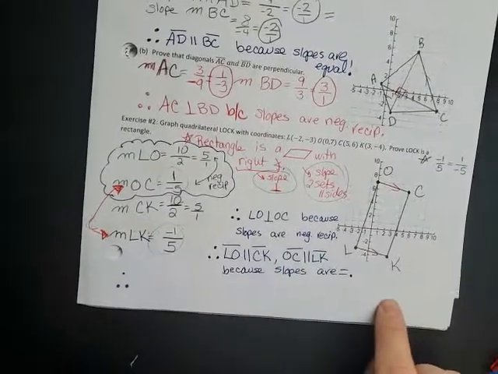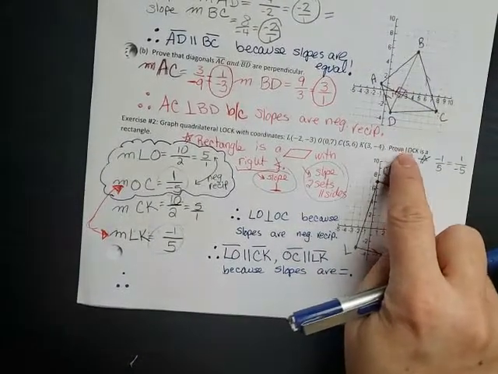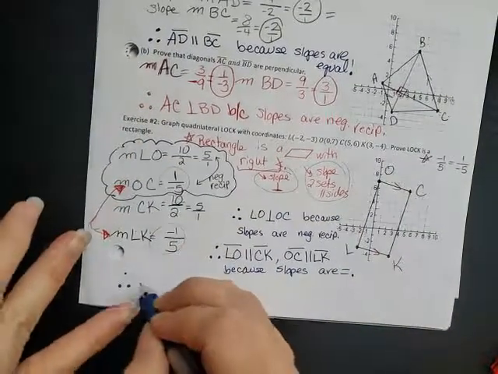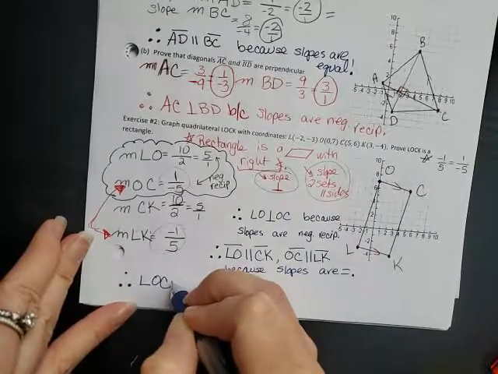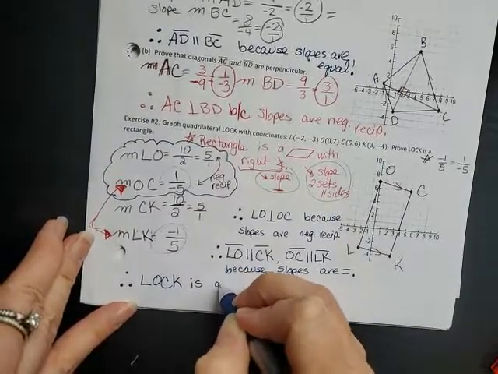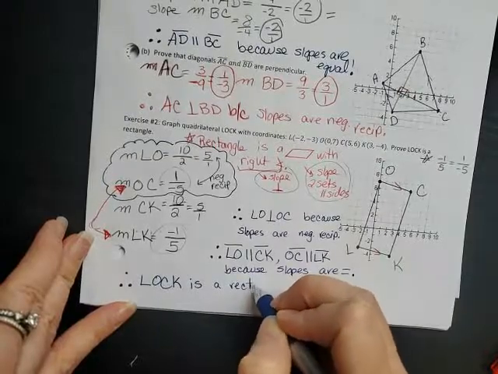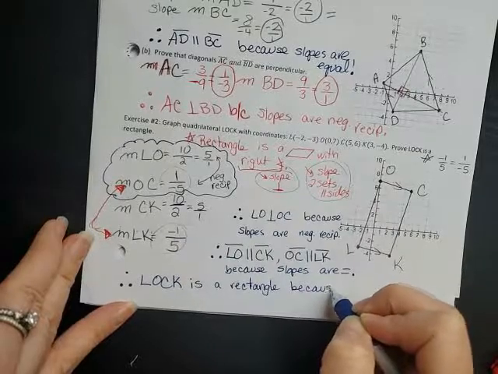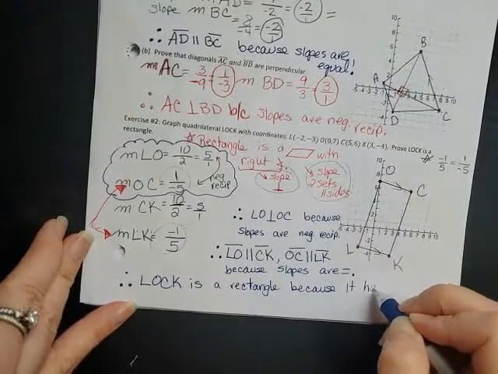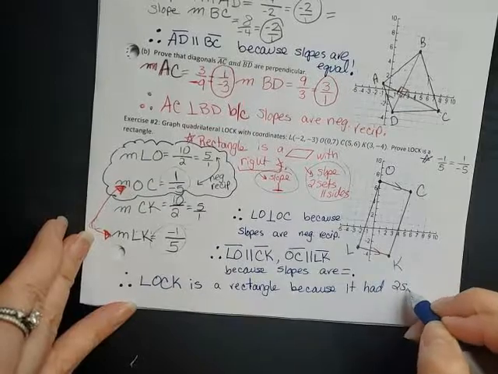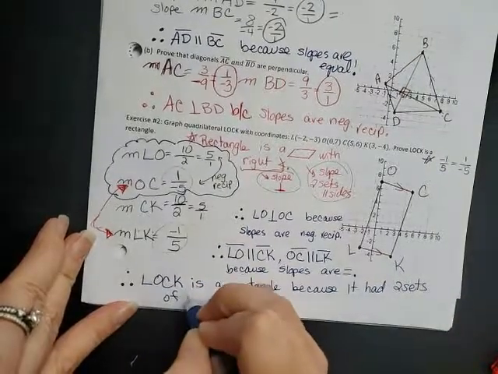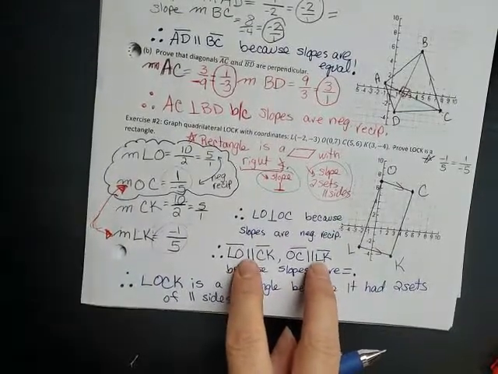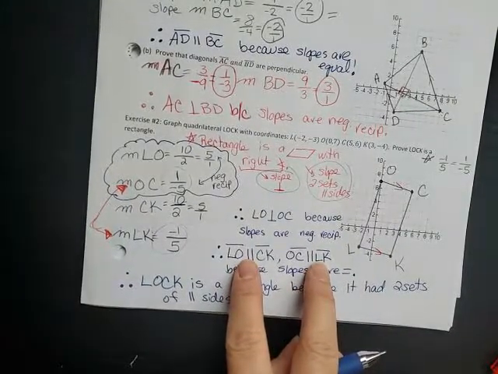Now we need to end our proof because really what they asked us to prove is that it's a rectangle. So remember, we always end a proof with our final concluding statement. So we're going to say that LOCK is a rectangle because it had 2 sets of parallel sides, which we just restated here as part of our concluding paragraph, really.